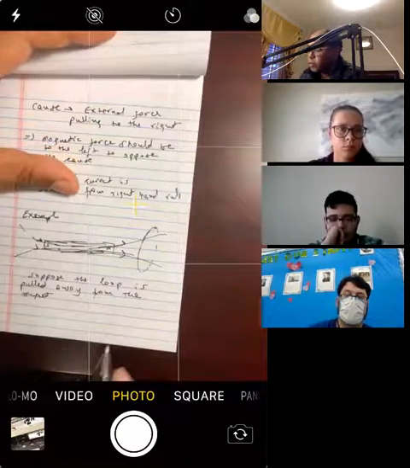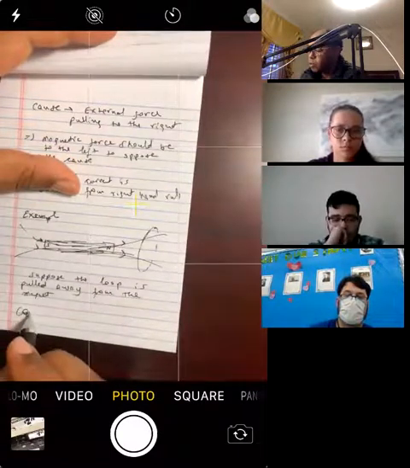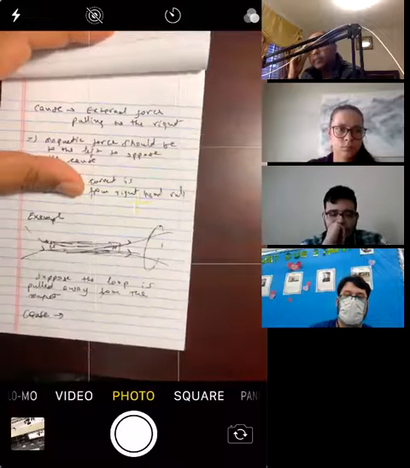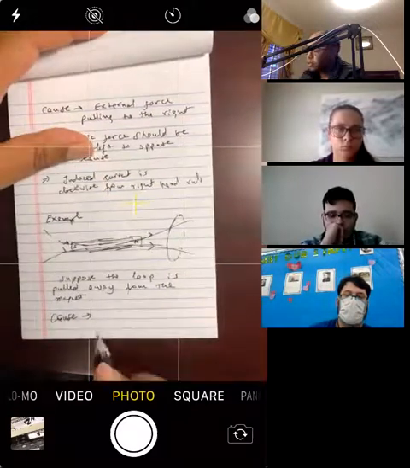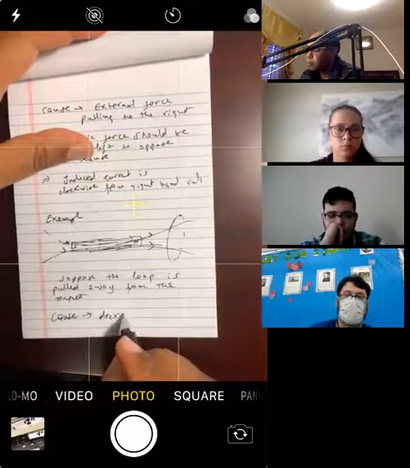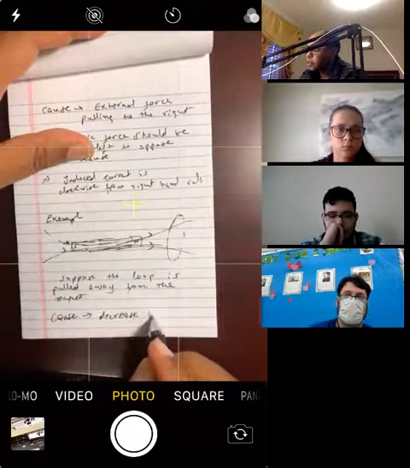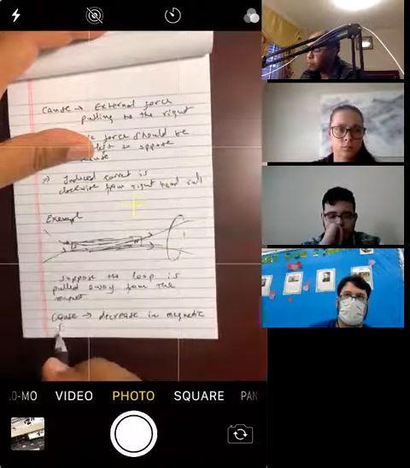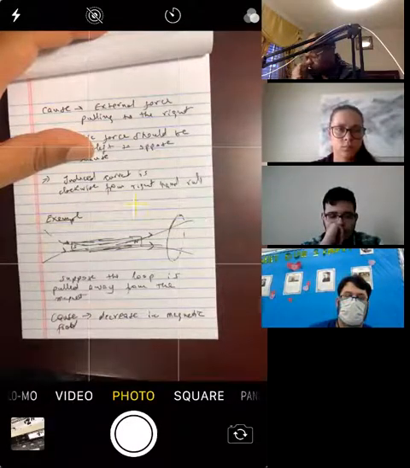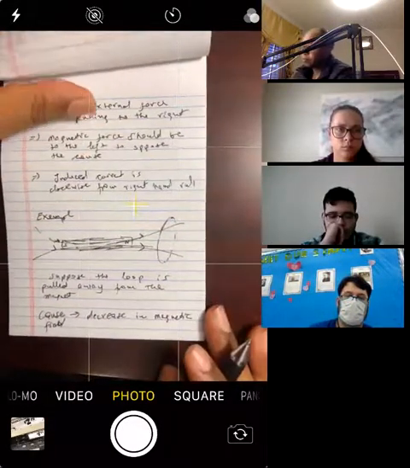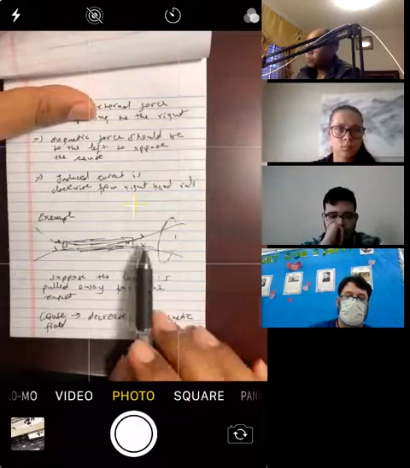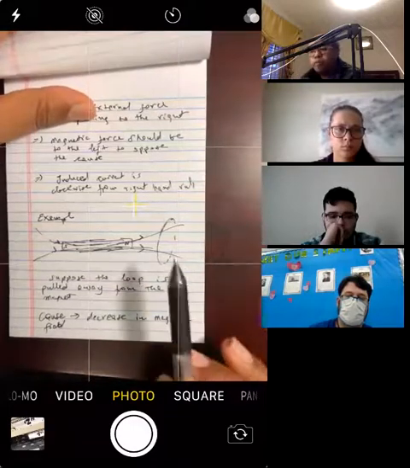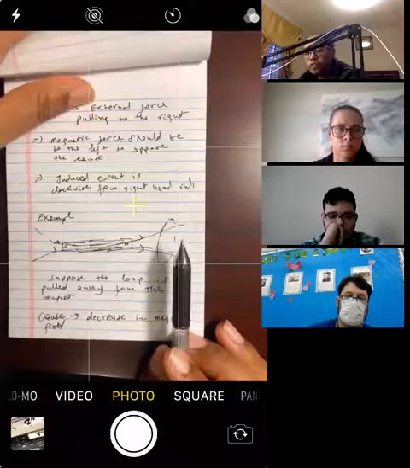So let's identify the cause. Cause is decrease in magnetic field. Okay, now what's going to happen? We pull away, the magnetic field changes, that changes the flux.